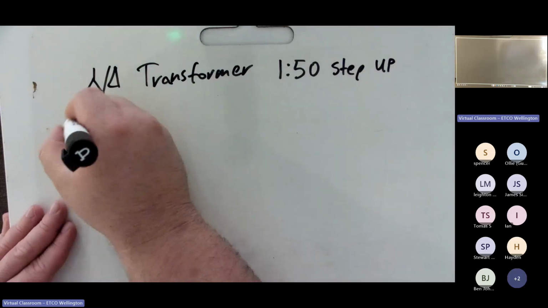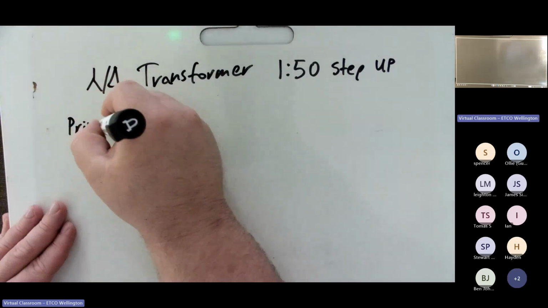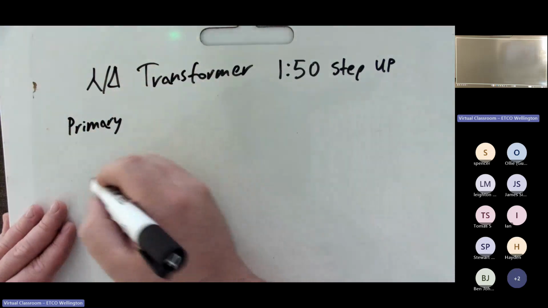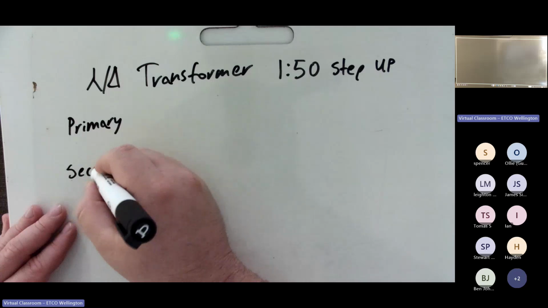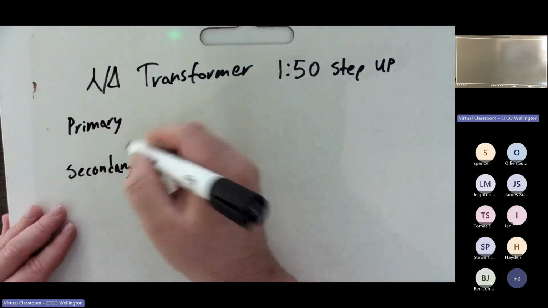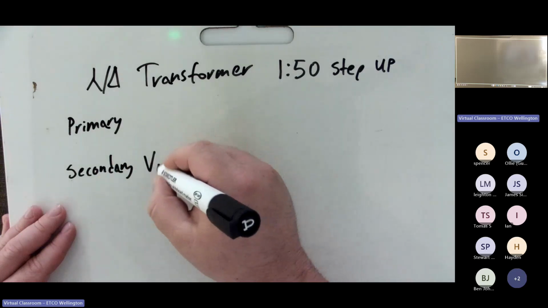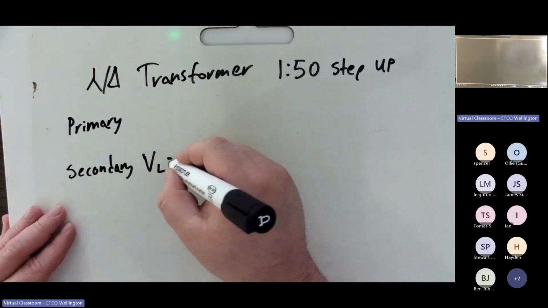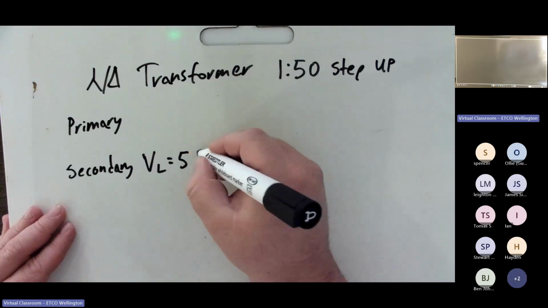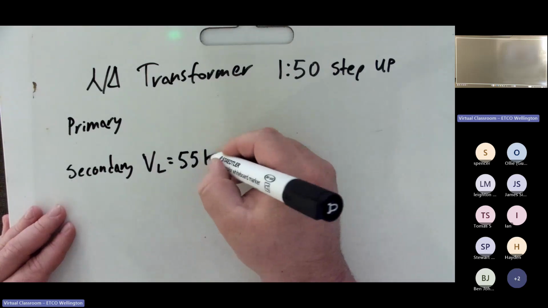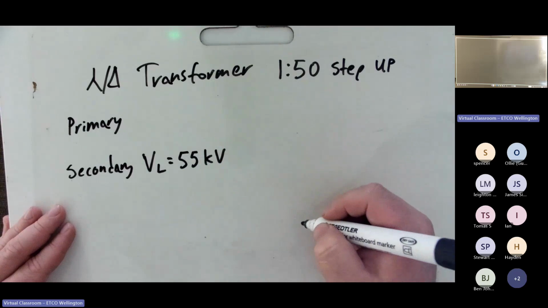Cool. So on the primary side and the secondary. So on the secondary side, we have our V line, 55 kV.